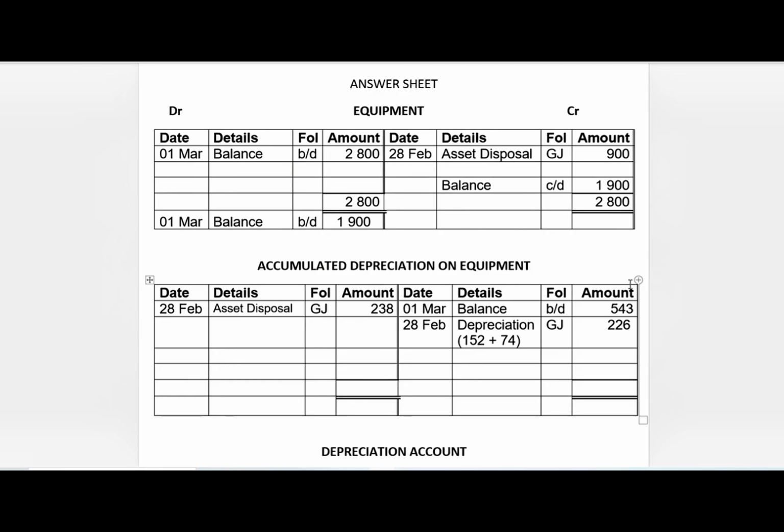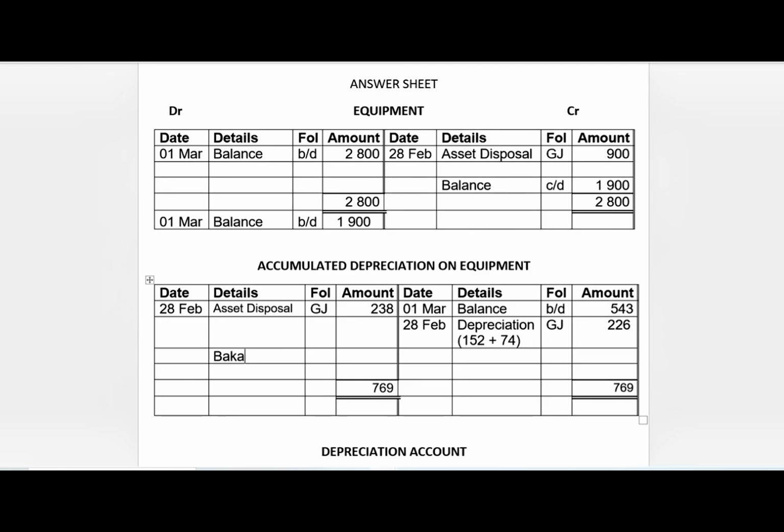And then I am getting a total of 769, the balance there, 769. So even this side, on the debit side I meant to say, is going to be 769, right?